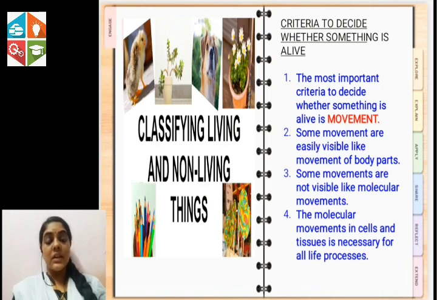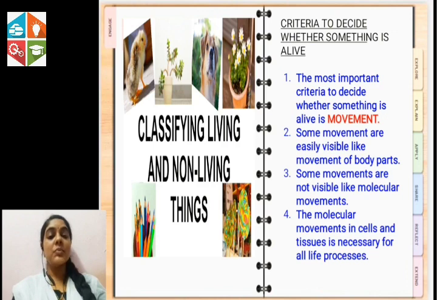So movement plays an important role, and movement can be visible as well as invisible. Some movements are very visible, like moving from one place to another. But some movements, like the movement of oxygen and carbon dioxide in our body, cannot be seen by our naked eyes. Neither can the movements of microorganisms in the environment, but it doesn't mean they are non-living.